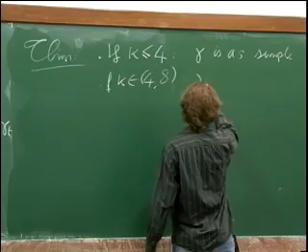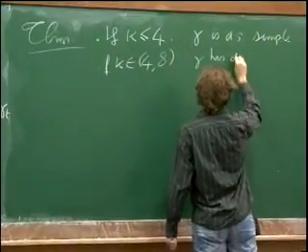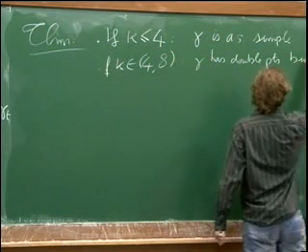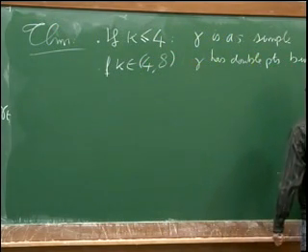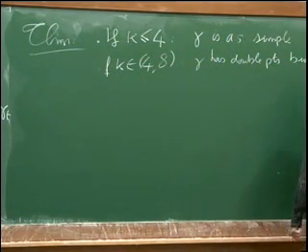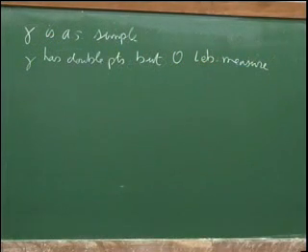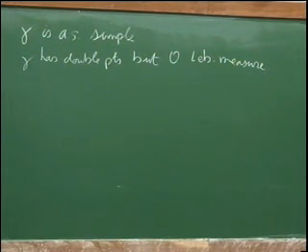So gamma has double points, but it has 0 Lebesgue measure. So somehow it's still a nice curve. It has double points, it has loops at every scale, but it has no positive measure.